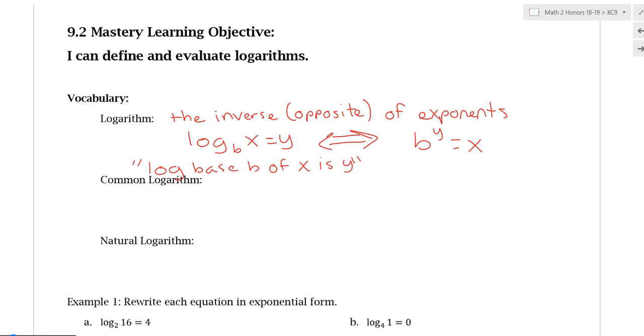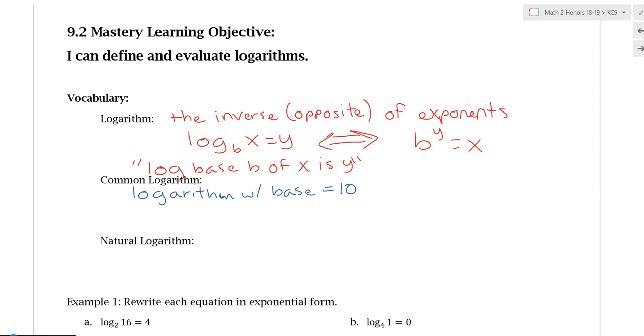Okay. There's two special logarithms that we look at. One is called the common logarithm. That is a logarithm with base 10. We call it the common logarithm because a lot of things in our world use base 10, right?